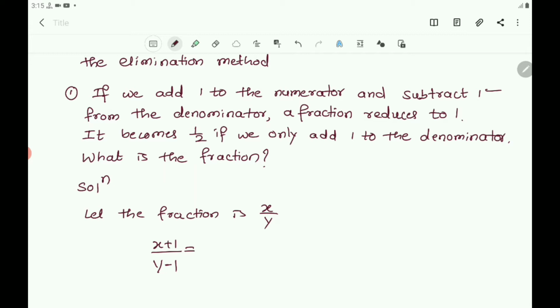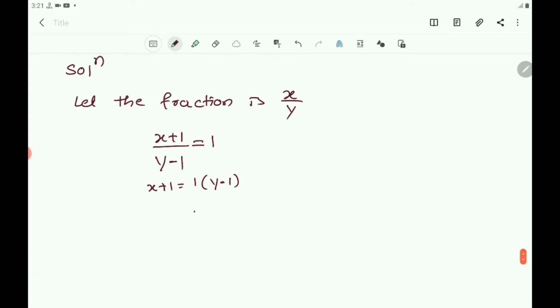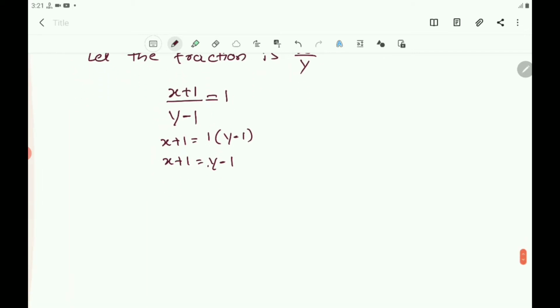Then the fraction becomes 1. You got the first relation, x plus 1 by y minus 1 is equal to 1. Then you do the cross multiplication, you will get x plus 1 is equal to 1 into y minus 1, that is x plus 1 is equal to y minus 1.